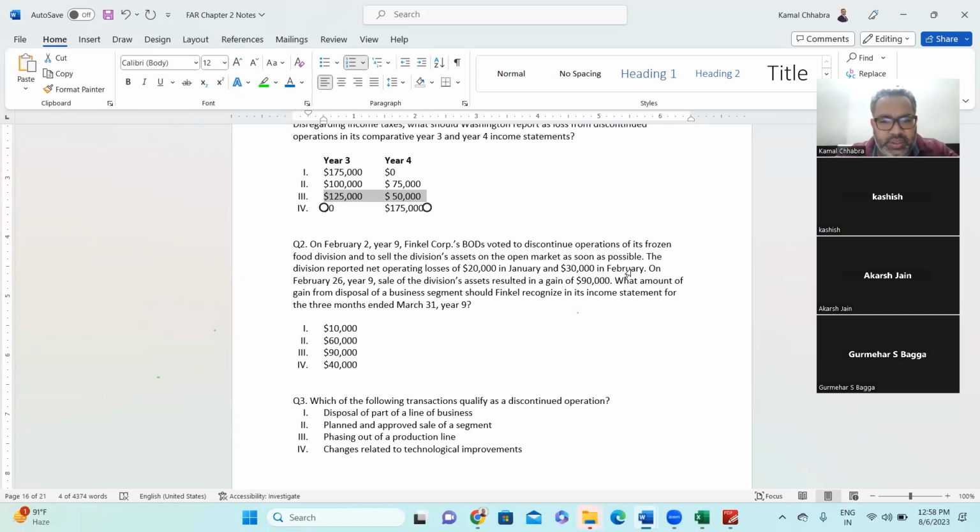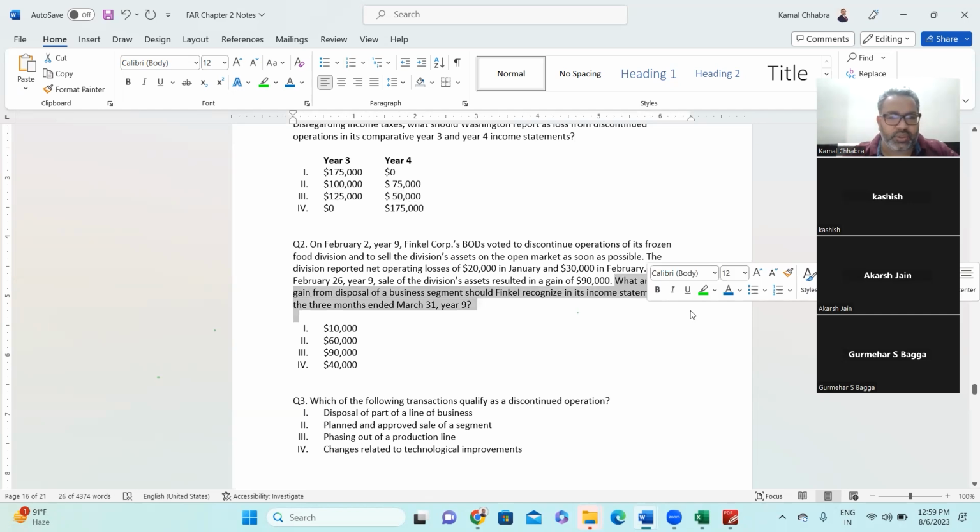On February 26, year 9, the sale of the division assets resulted in a gain of $90,000. What amount of gain from disposal of business segment should F recognize in its income statement for the 3 months ended March 31st, year 9? So what is the call of the question?